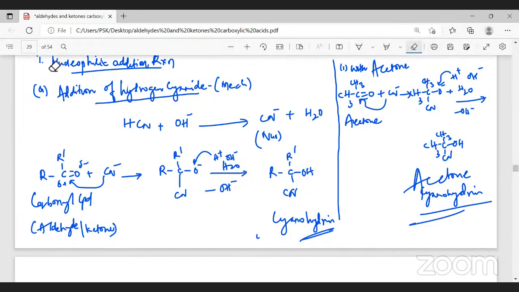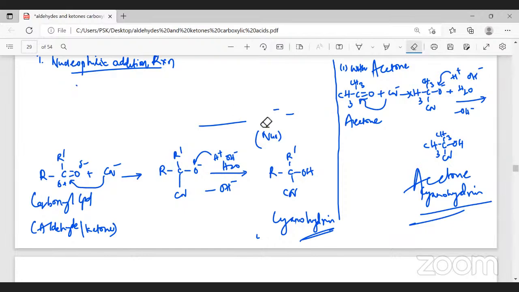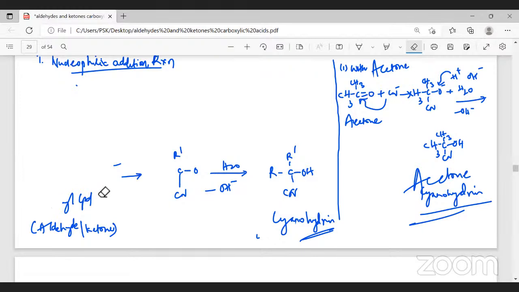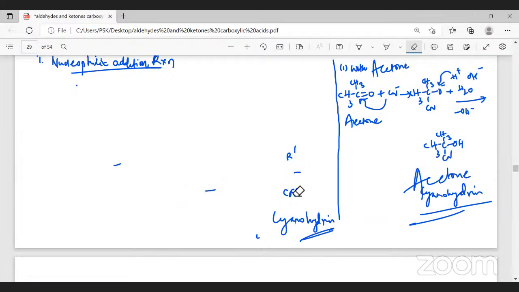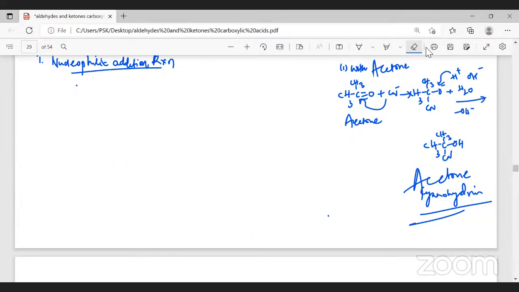Now we will learn, again, it's a nucleophilic addition reaction only. The first set of reactions, what we learned, was with hydrogen cyanide. Now we learn the next compound, that is the nucleophilic addition reaction of aldehydes and ketones with sodium bisulfite.